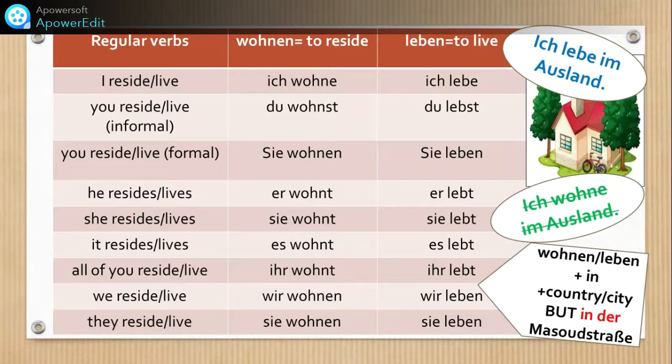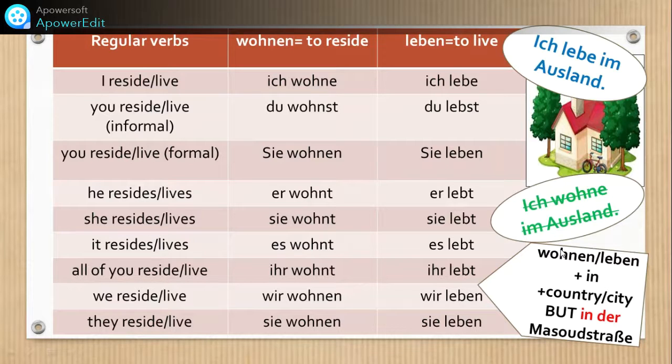Now, if I want to specify my exact address, I will then mention a street, for example, and I can say, ich wohne in der Massoudstraße. And in der is a form of the preposition in, but with a definite article there.